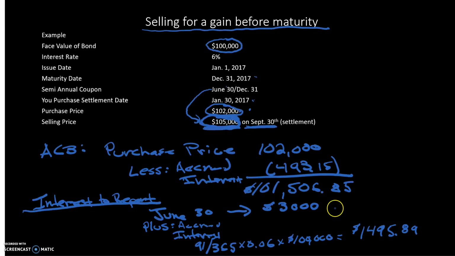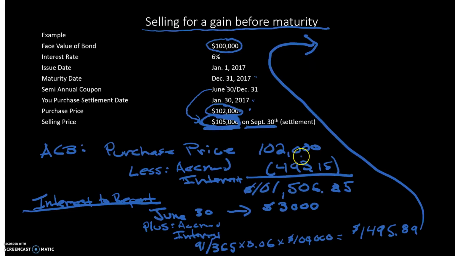Now let's scroll up here. I've already calculated in previous examples, less the accrued interest that I had to pay when I purchased the bond. So now what's the interest I'm going to have to report? The interest I'm going to have to report starts with this $3,000.